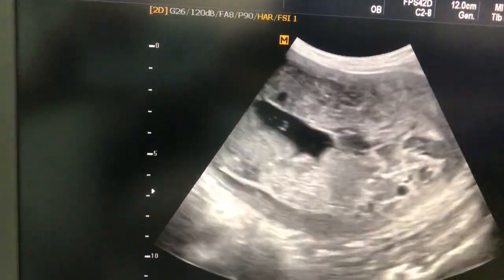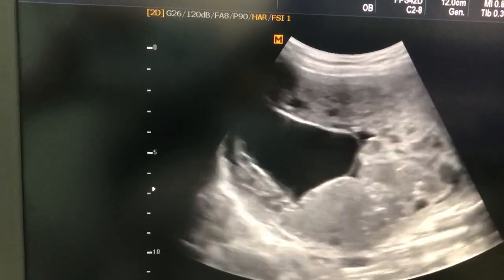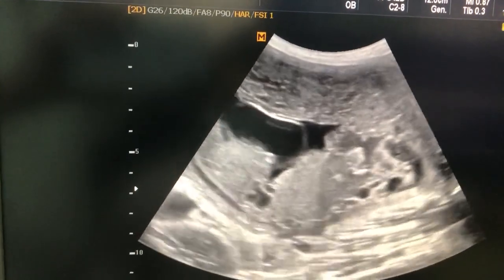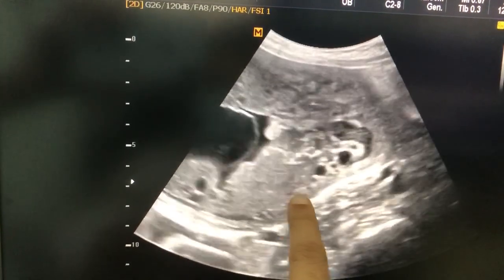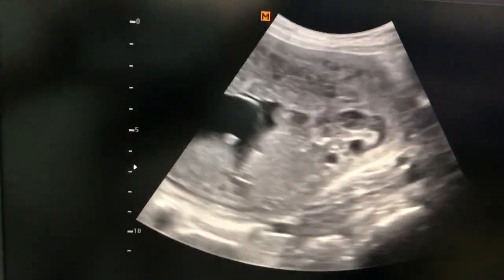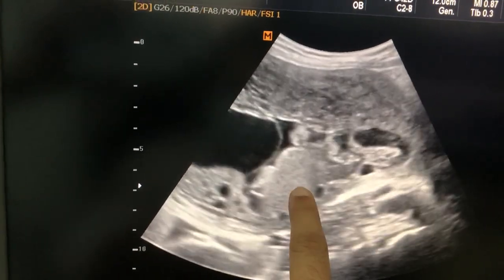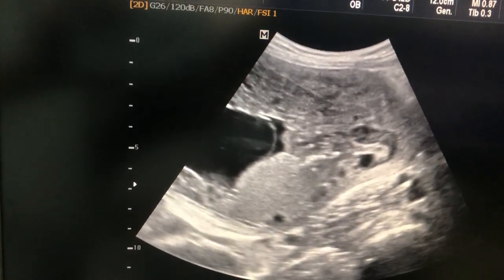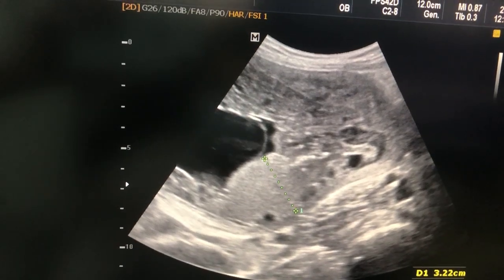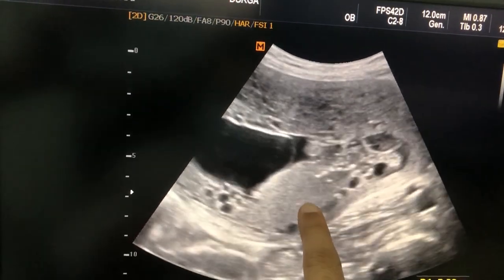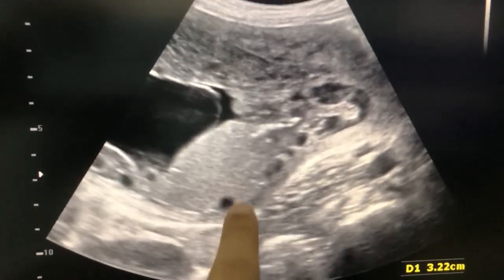This is a very interesting case. As you can see here, in the inferior part of the uterine cavity, there is a subchorionic bleed, this one, and if you see it carefully, this is moving.